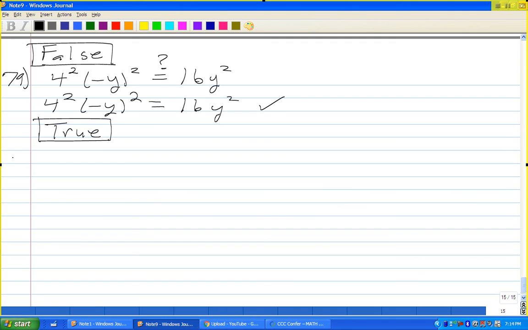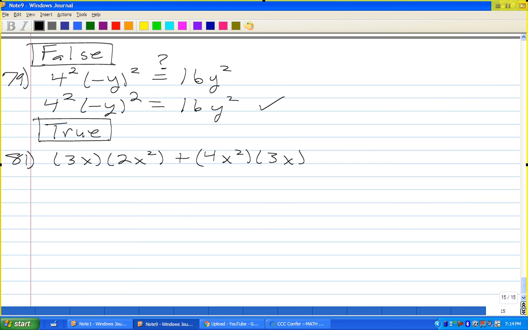81. 3x times 2x squared plus 4x squared times 3x. In exercises 81 through 88, simplify.